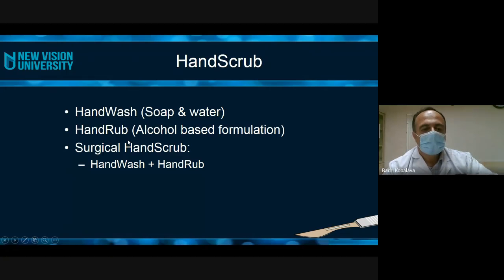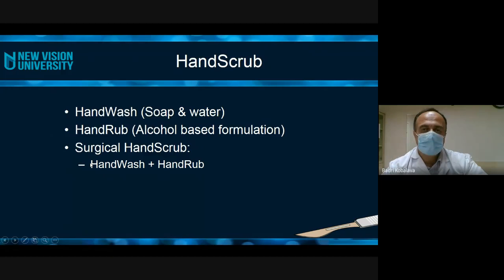Then, in order to kill microorganisms, we must make a hand rub. Hand rub is rubbing the skin with alcohol-based formulations. And surgical hand scrub is hand wash and hand rub together.